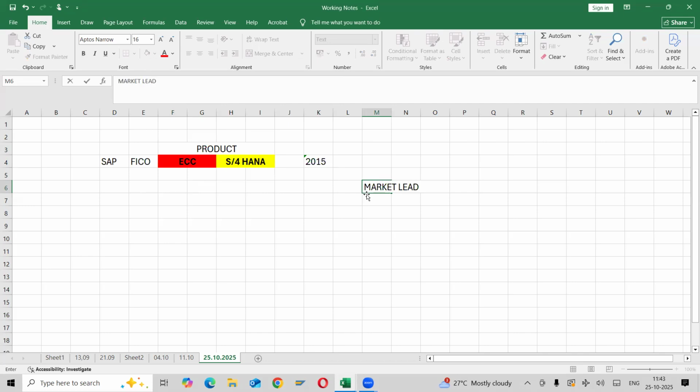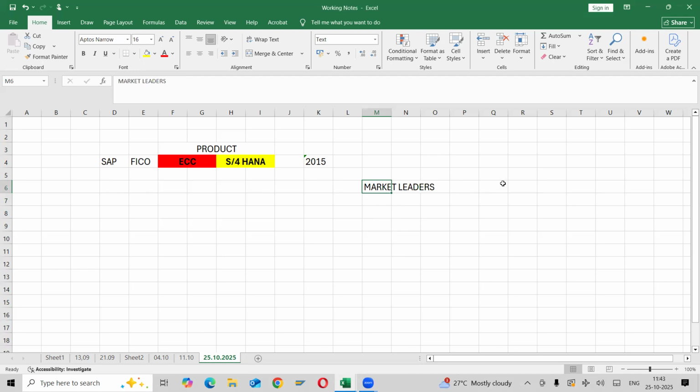For the past 30 years, SAP has been the market leader in the ERP segment. Yesterday, Gartner announced who the leaders in the market are, and for 2025 also, SAP is the number one ERP, and there is no competition for SAP.